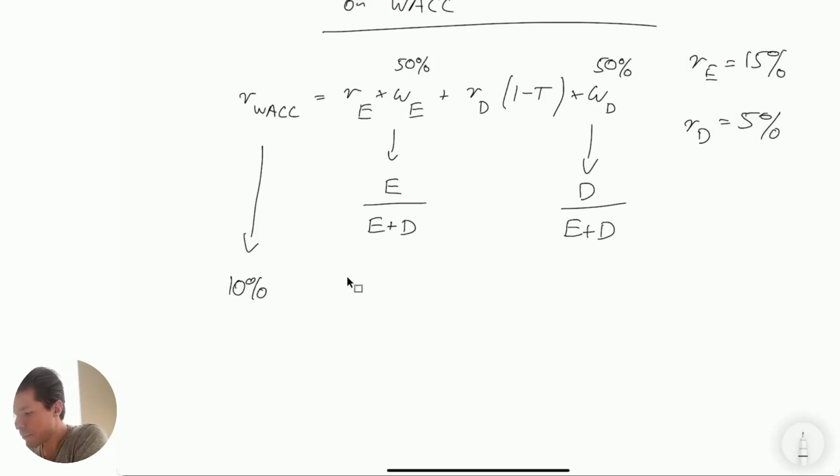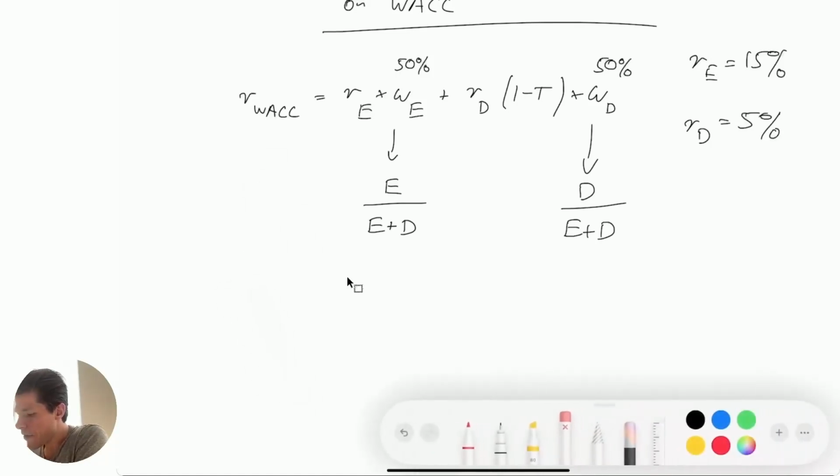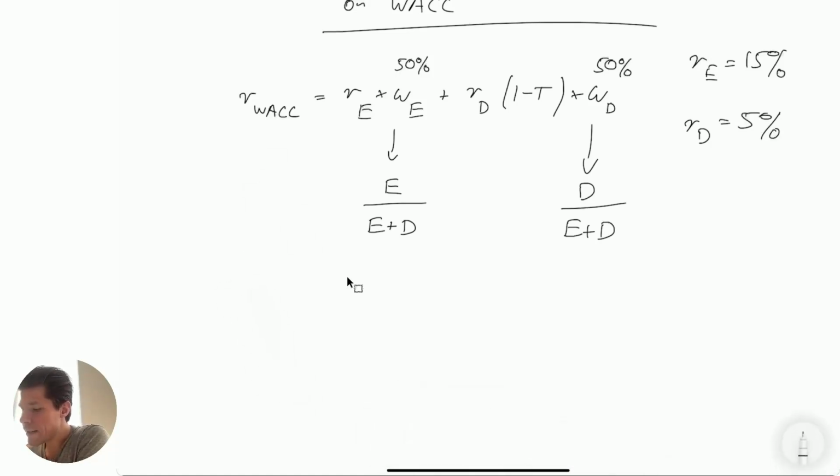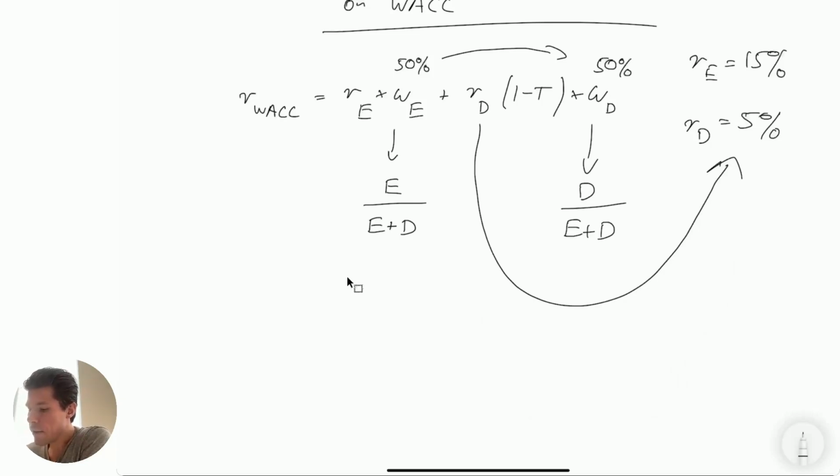This is what most students actually answer. And when I ask them what would happen to your weighted average cost of capital if a company takes on more debt, the main answer is that it would decrease, because you would shift your proportion to the debt side, and because your debt has a lower cost, your WACC would shift towards this lower figure, in this example 5%.